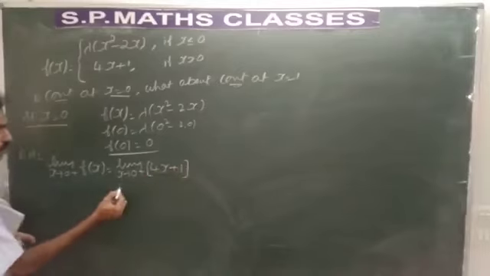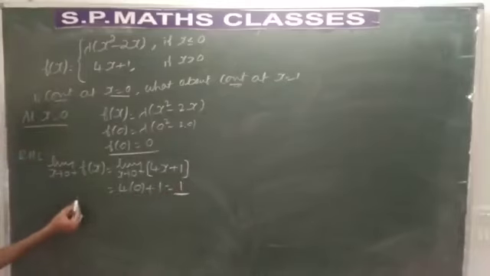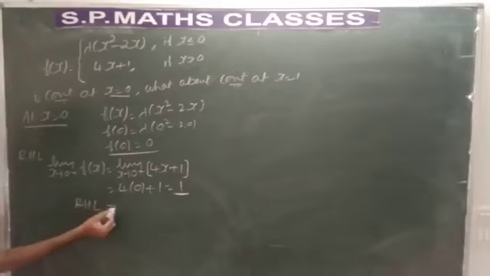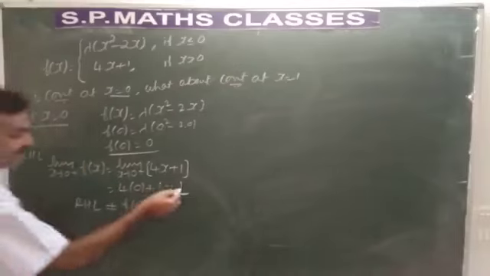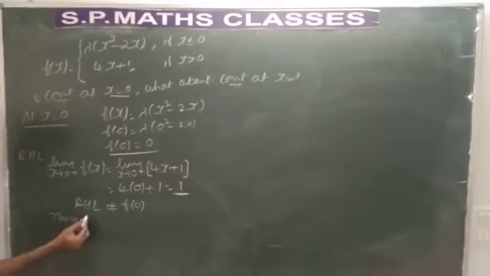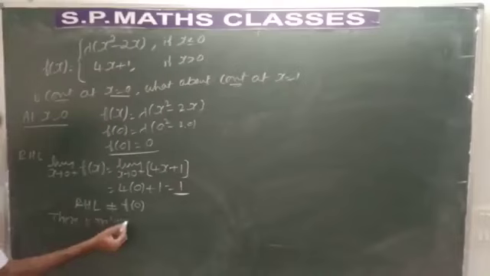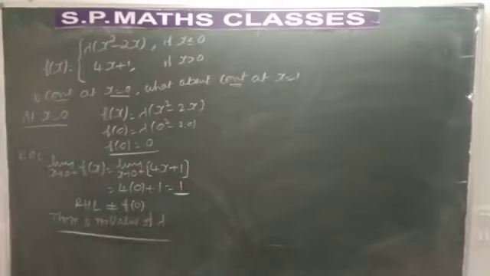So what happens now? 4 into 0 plus 1 means it is 1. Now we conclude that right hand limit is not equal to f of 0, because f of 0 is 0, right hand limit is 1. So it is not continuous, so there is no value of lambda. What is your conclusion? There is no value of lambda as it is not continuous.